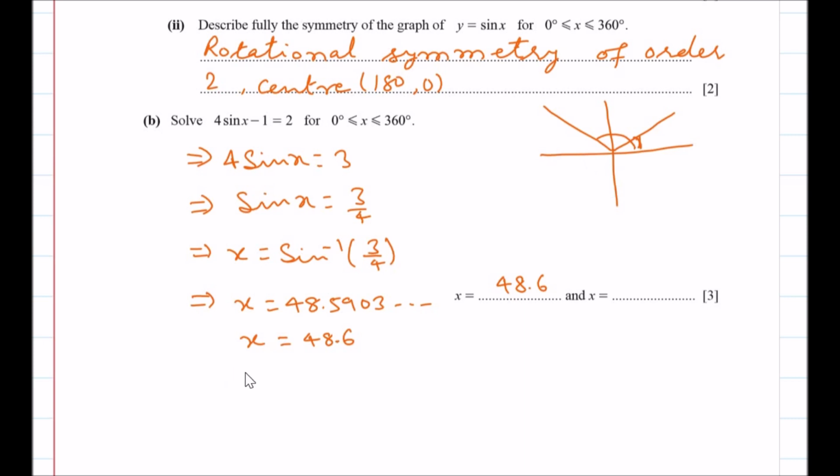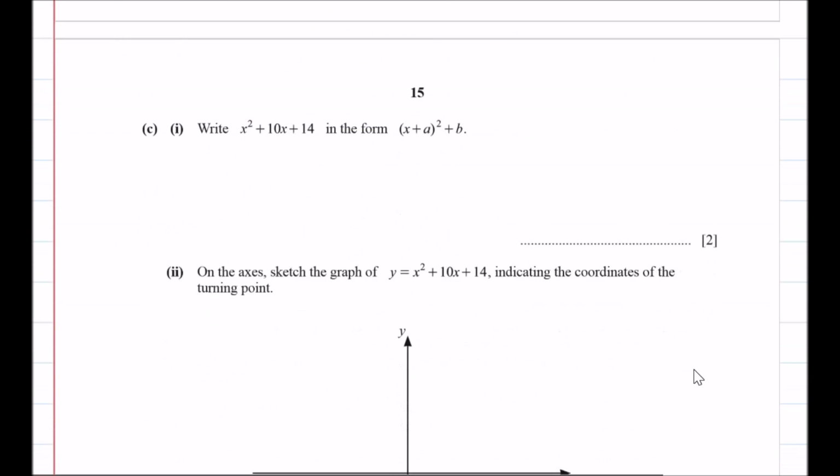So how to find it? Therefore x equal to 180 degrees minus 48.6, and that gives us 131.4. Here we will be writing 131.4. Okay, that is the answer.